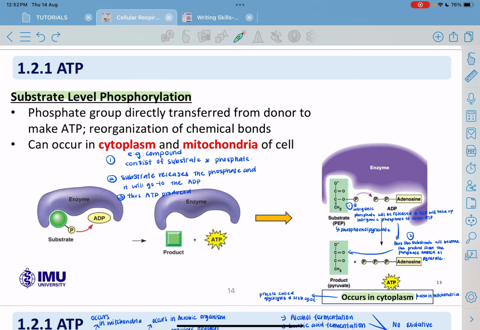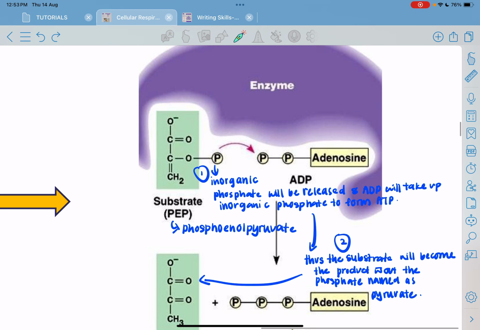Okay, so this one, the more specific one, we have the substrate called phosphoenol pyruvate. This one you will understand when I explain about glycolysis later on, because this one is quite important.